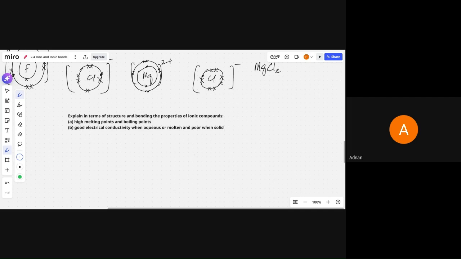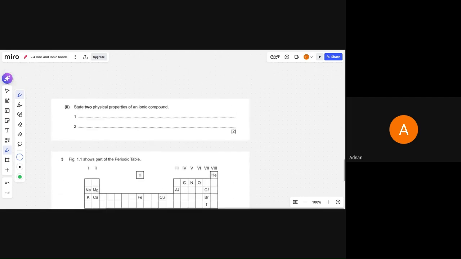So now I have included some questions from the past papers, right? So this question states: state two properties of an ionic compound. So again, you can say that they have high melting and boiling points.